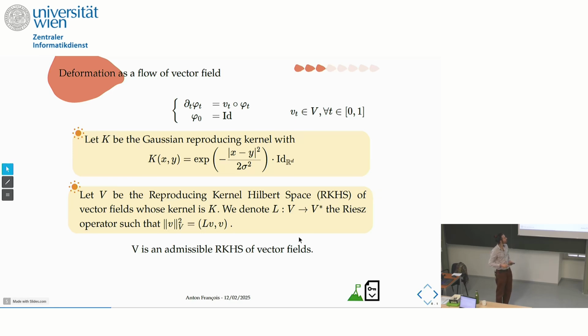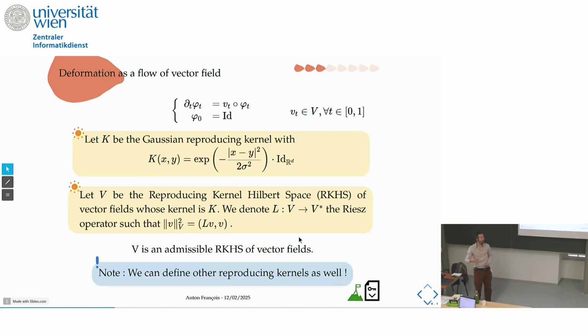For example, here is the Gaussian one, and it allows us to define the V-norm, which is defined through the inverse of the kernel, L going to the dual space. In Demeter, I implemented all the kernels; there are a few for now. If you feel that something is missing, you can add it yourself as well.